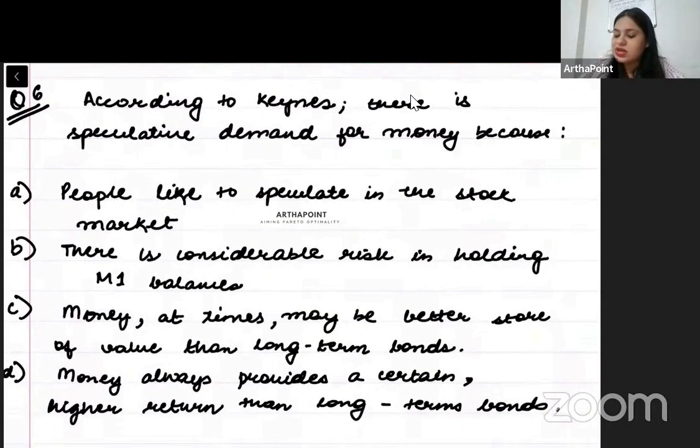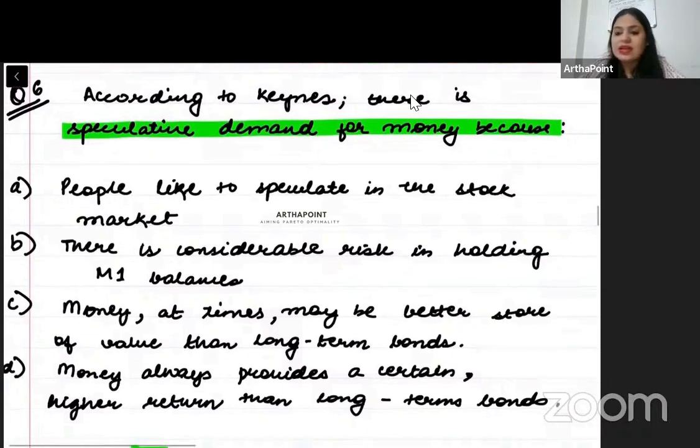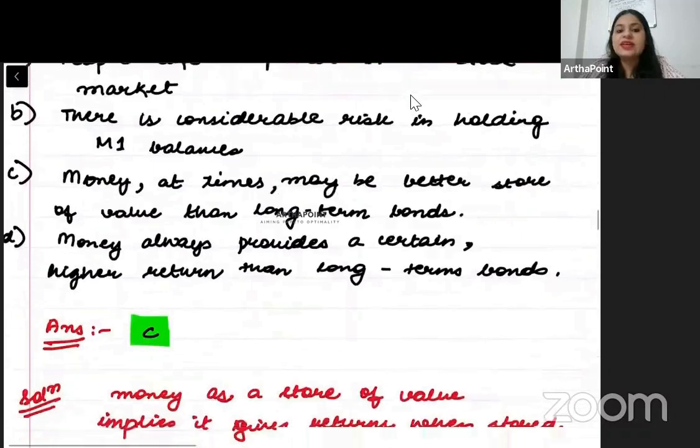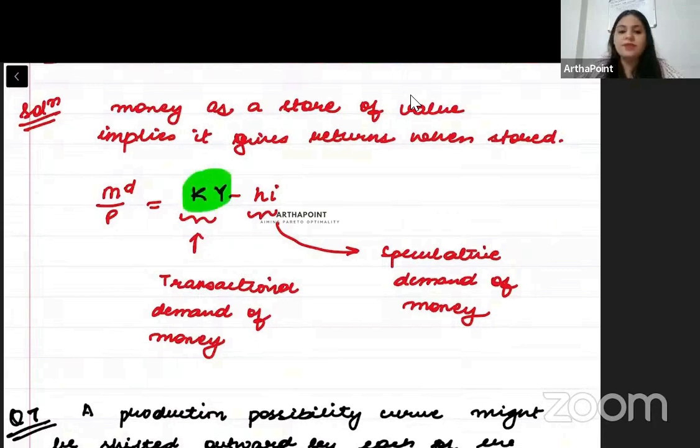According to Keynes, there is speculative demand for money because, see, if you remember, we studied that the demand of money is for two purposes: transactional demand and speculative demand. Transactional demand of money is for our daily needs. That I want to buy vegetables, I want to buy fruits, I want to go ahead and spend in the mall.